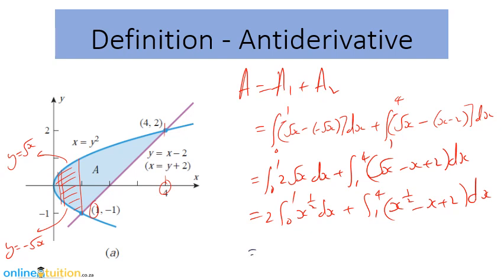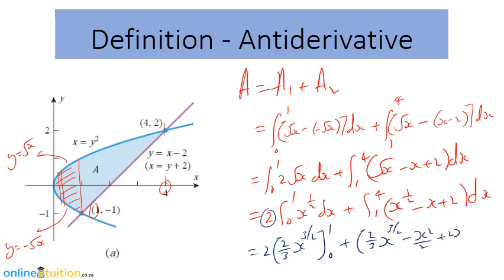Well, x to the power half would be x to the power 3 over 2, and then it's 2 over 3 here from 0 to 1. You remember that? Yes, very good. And then you go again, 2/3 x to the power 3 over 2 minus x squared over 2 plus 2x, but this runs from 1 to 4.